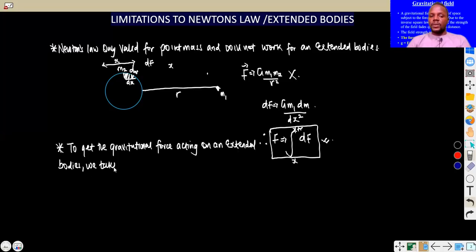we take an elemental part and integrate with respect to the whole force.